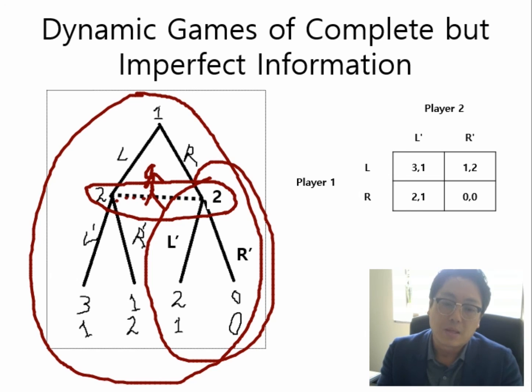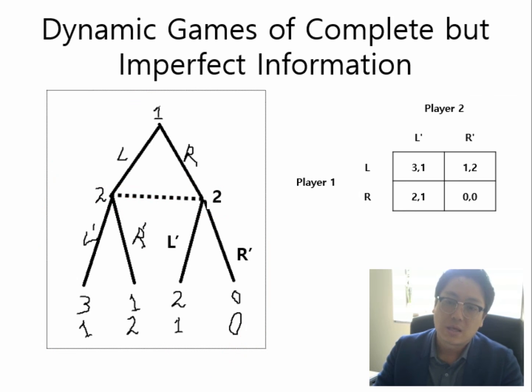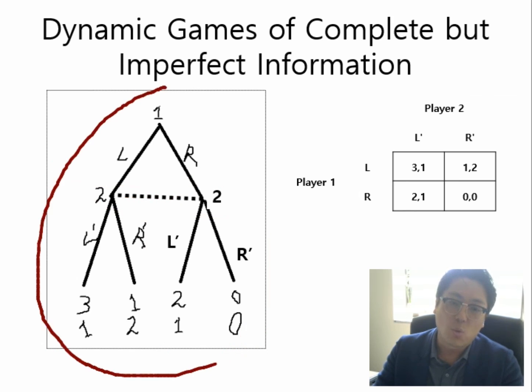Nodes in the same information set cannot be isolated or spread out. So this is not one subgame. It should be in the same subgame, so that here in this game there is only one subgame.